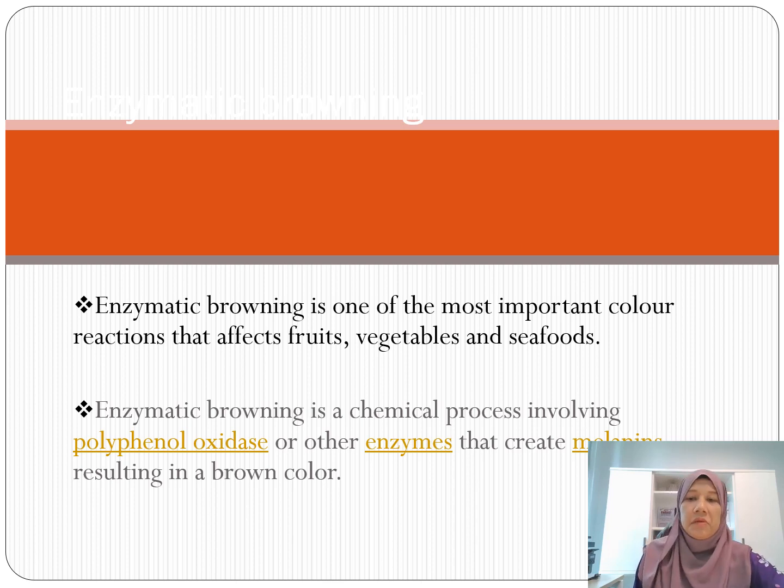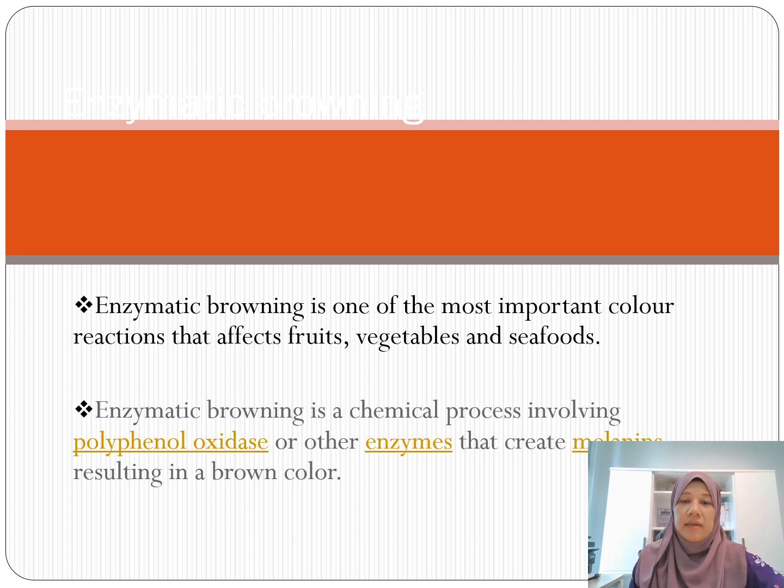First we look at enzymatic browning. Enzymatic browning is a process, or a color change reaction, that occurs in three items: fruits, vegetables, and seafood. Please remember these three items. It is a chemical process which involves an enzyme called polyphenol oxidase.